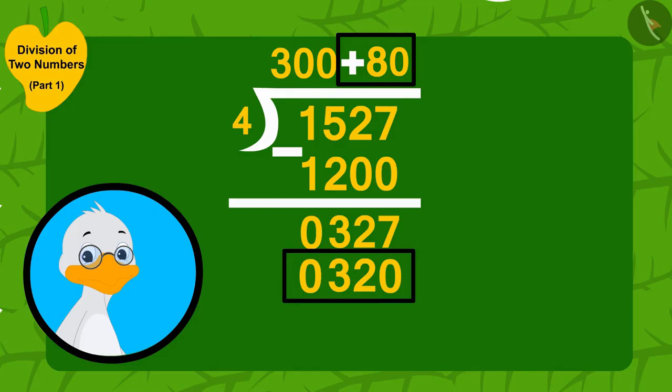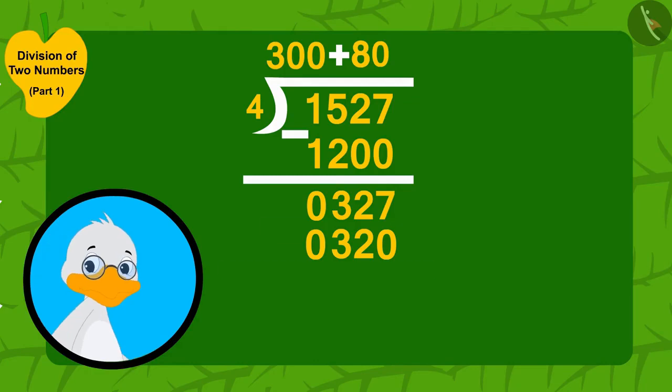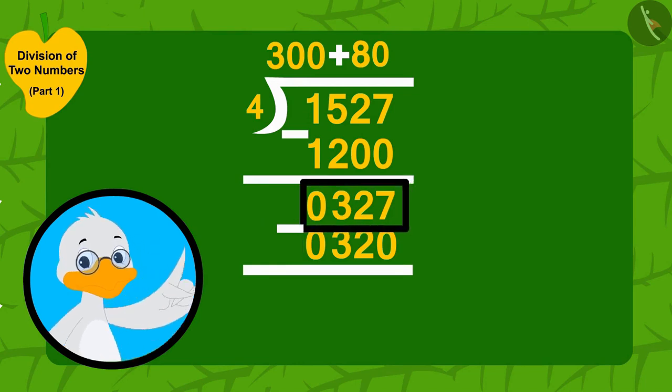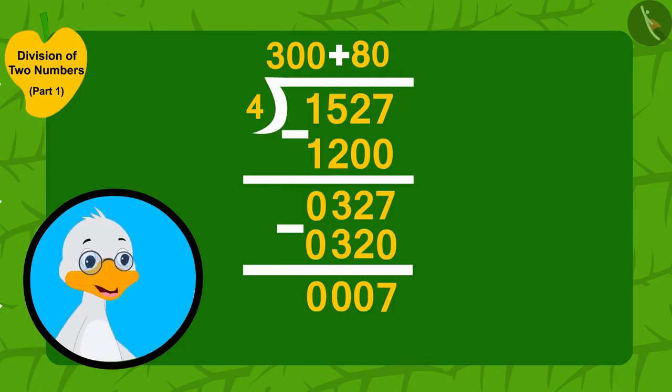320 at the bottom. Now, Badbole uncle deducted 320 out of 327. Good! I will still have 7 mangoes left.